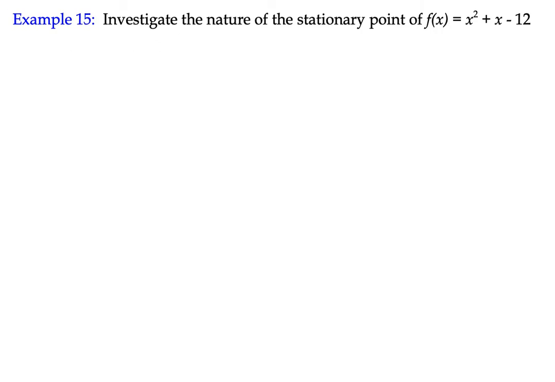So I'm going to write it out. It says we've got f of x equals x squared plus x minus 12. I'm going to find the first derivative, because the first thing we still need to look at is where stationary points might exist, what values of x. And we've got 2x plus 1. Why is that of interest to us?